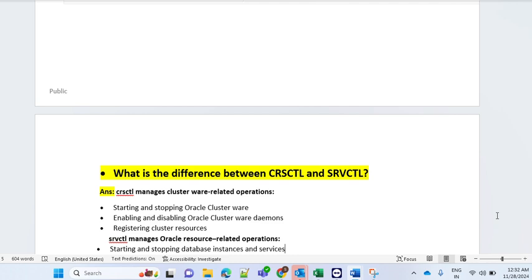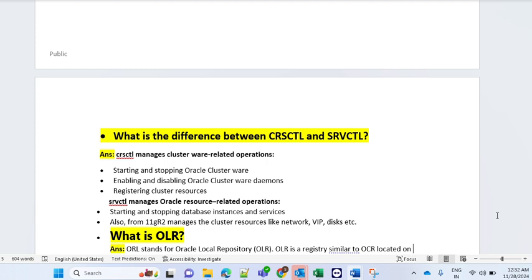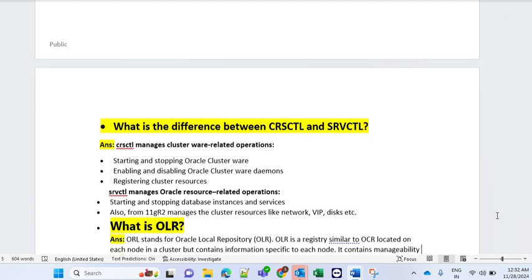This means CRSCTL is responsible for just managing the clusterware-related resources and services. SRVCTL is responsible for database-related services. SRVCTL manages Oracle resource-related operations like starting and stopping database instances and services. Also, from 11g R2 it manages clusterware resources like network, VIP, disk, etc.